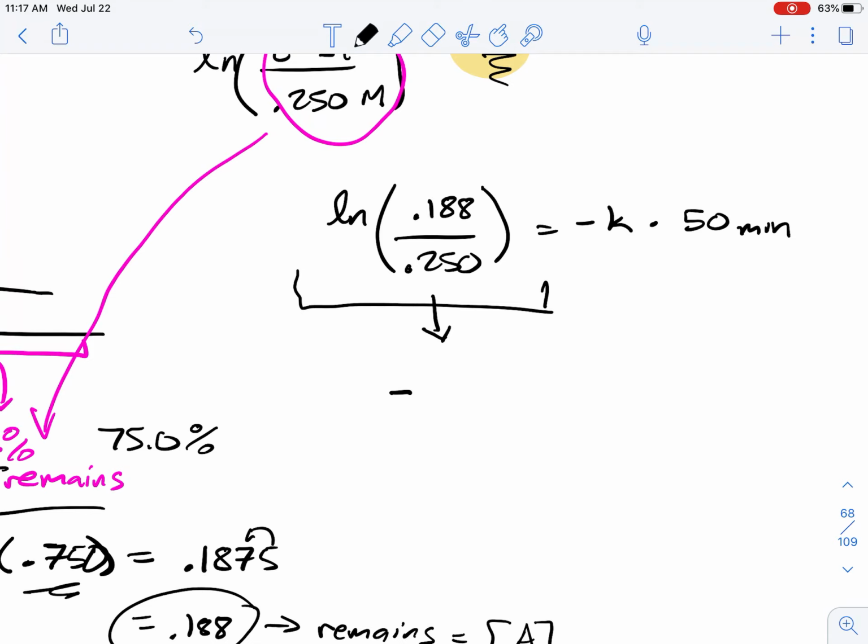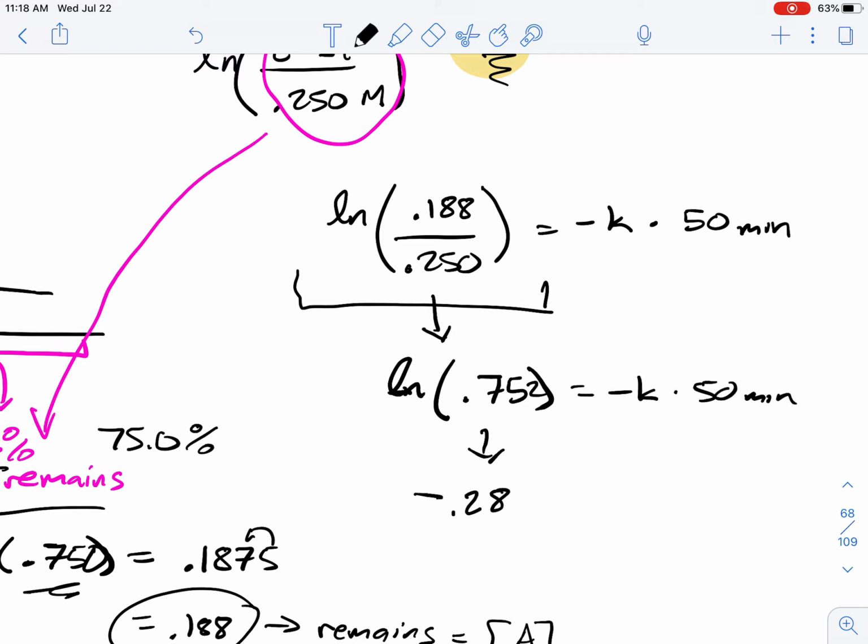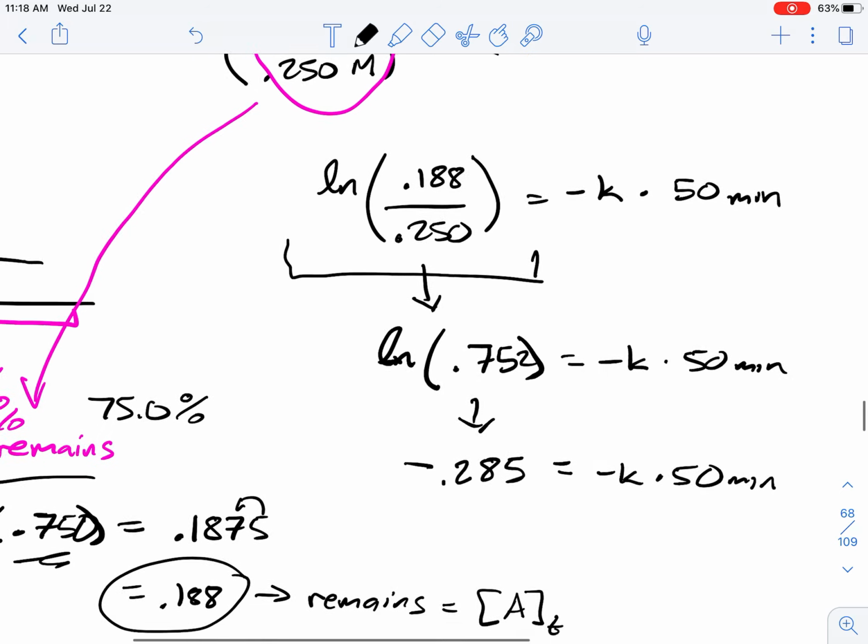That's going to give me the natural log of 0.752, which equals negative k times 50 minutes. If I take the natural log of my answer, I get negative 0.285. So that's equal to negative k times 50 minutes.